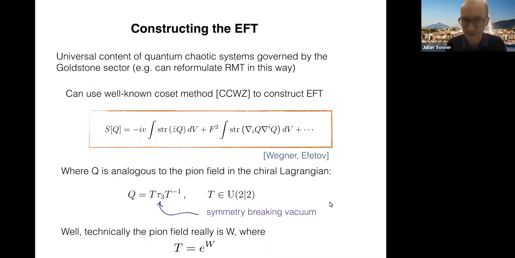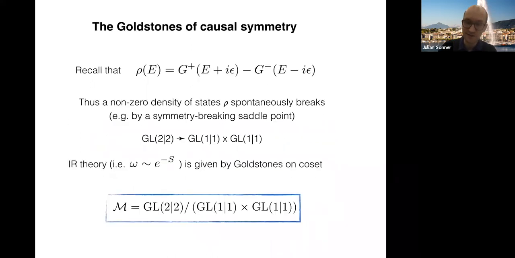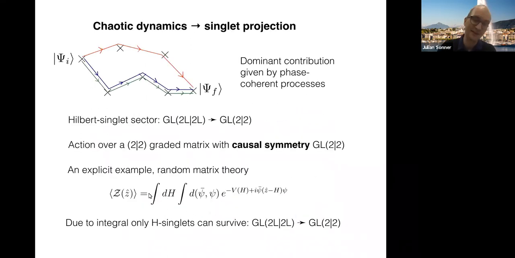Let me give you one more ingredient here. I'm trying to build this without referring to specific models too much, because I want to build an effective field theory which is somewhat agnostic to the microscopic details. But there exist microscopic ways of deriving this in certain cases. SYK is one example. I just showed you that in random matrix theory it's super easy, but it's not surprising that random matrix theory behaves like random matrix theory, right? It's a tautology.